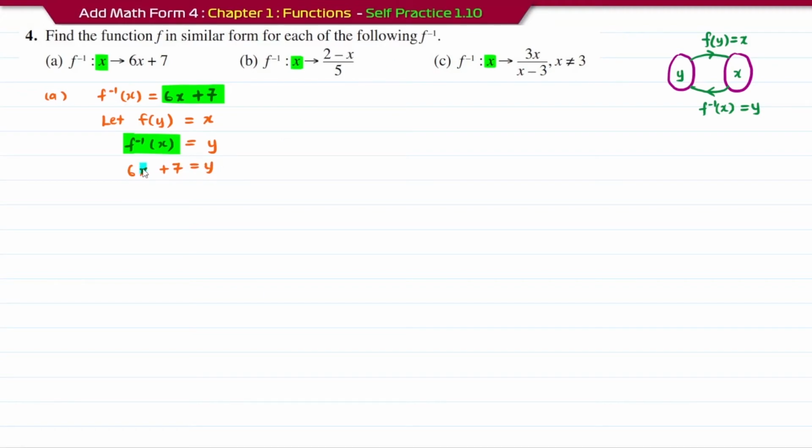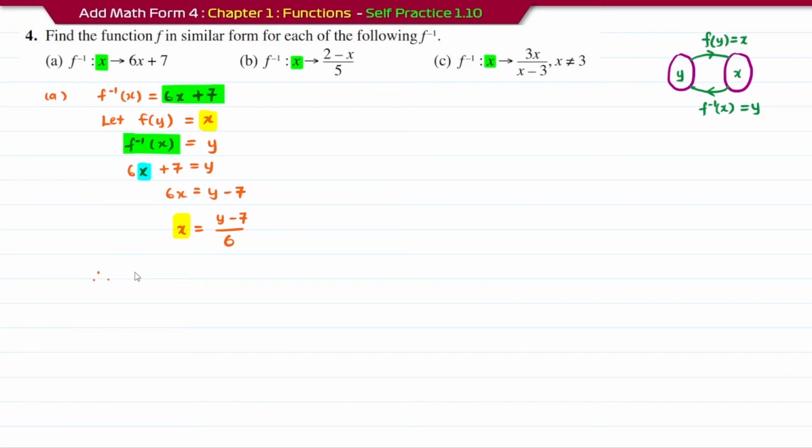Next, we're going to let the x become the subject of the formula. So 6x is equal to y minus 7. So x is equal to y minus 7 divided by 6. So the x here is the function f of y.